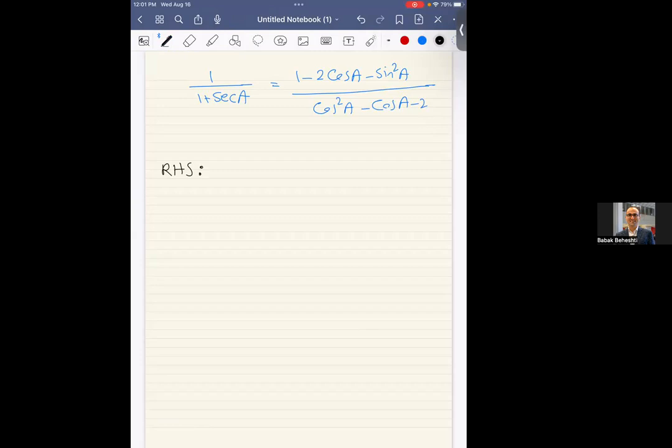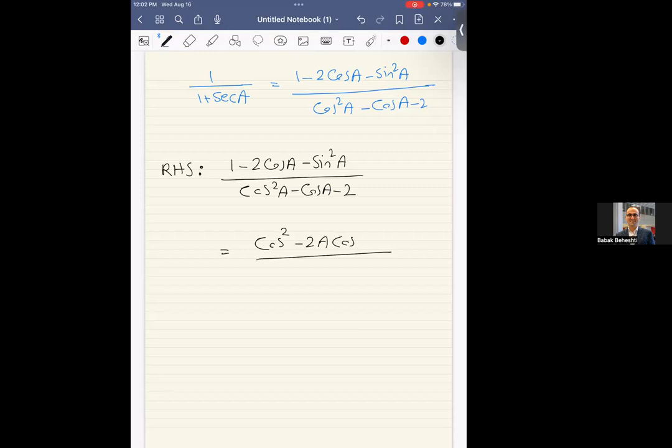The right-hand side is 1 minus 2 cos A minus sine squared A. Remember that 1 minus sine squared is just cos squared, right? So you have this equal to cos squared minus 2 cos A divided by cos squared minus cos A minus 2.